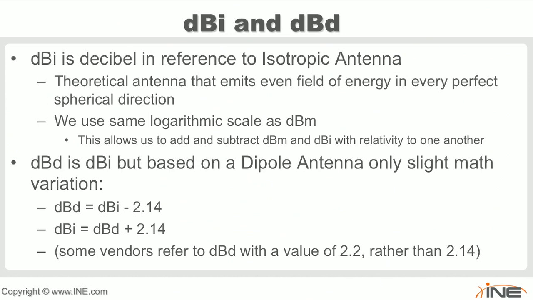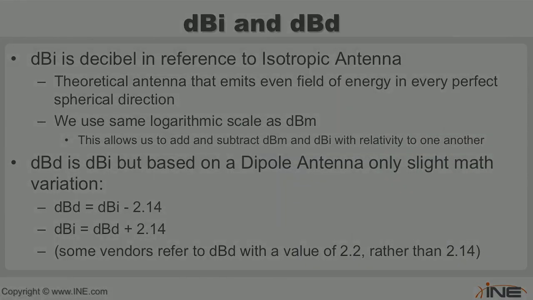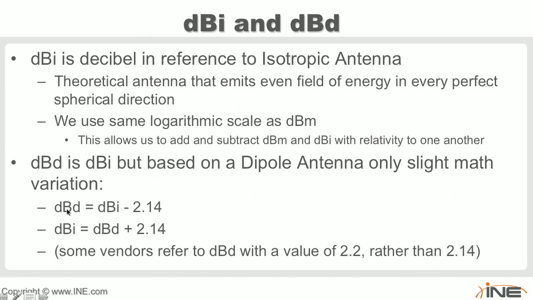But a dipole antenna is basically dBi minus 2.14. So if we're referencing dBd, then we're referencing dBi minus 2.14. Whatever the dBi might be advertised on an antenna, maybe the dBi is 9.